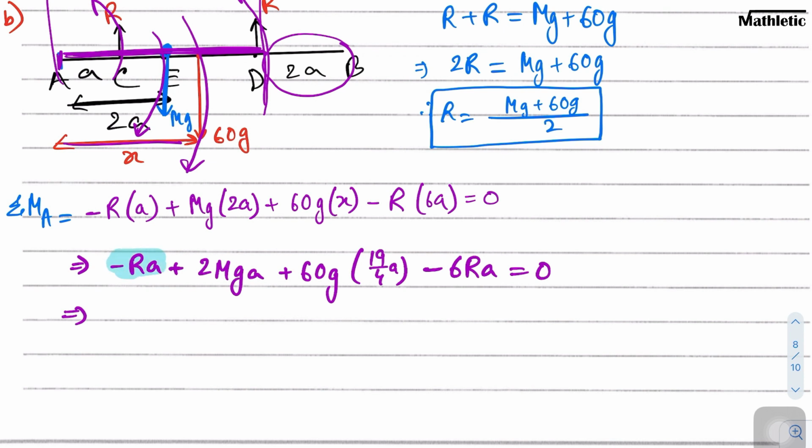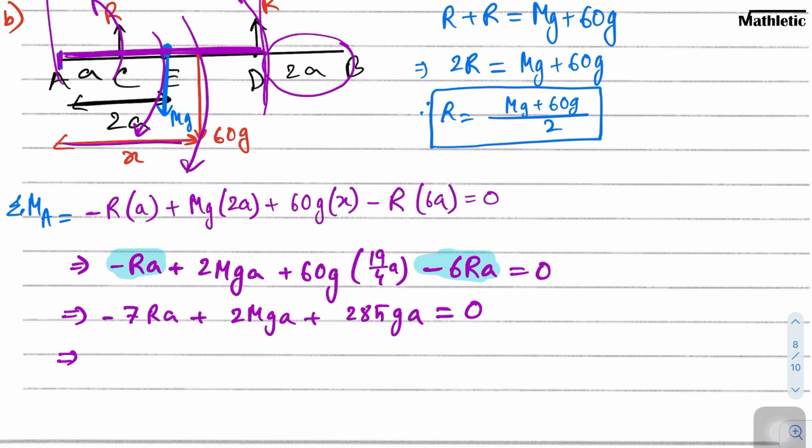So we can add these R terms, so we get minus 7Ra, 2mga, 285ga equals 0.